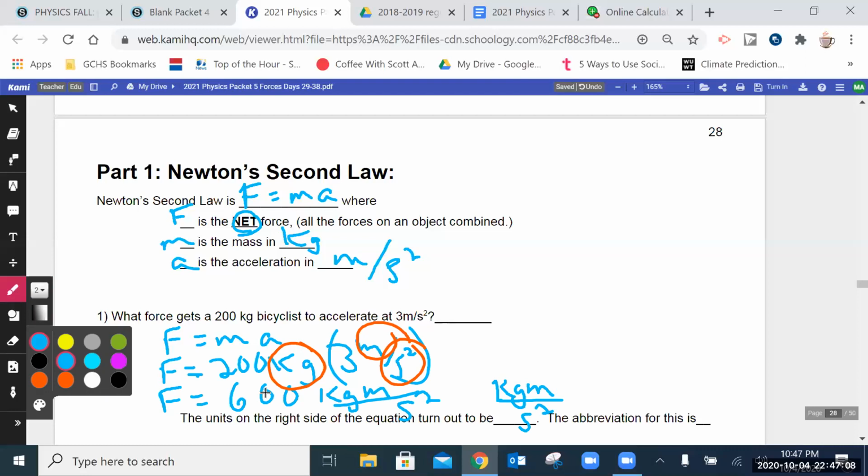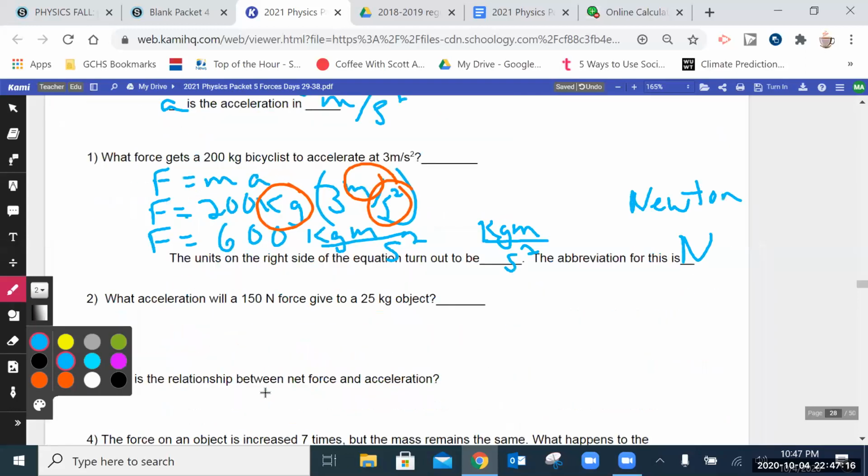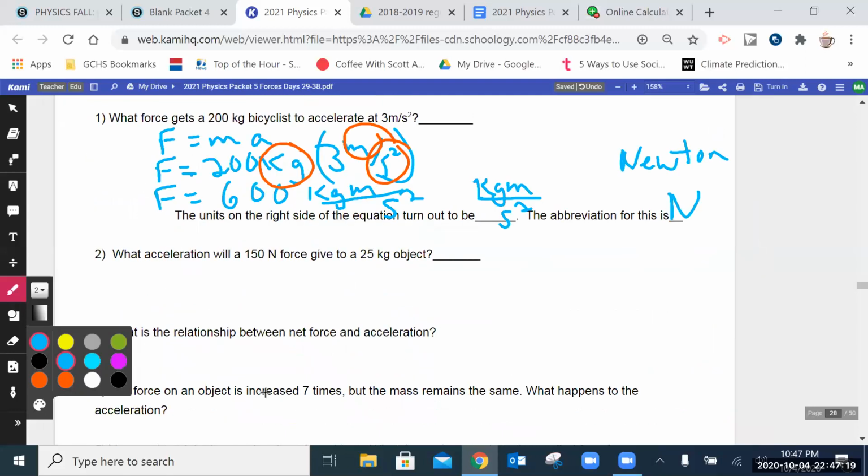So scientists have abbreviated that, and they call it the Newton, which is abbreviated as capital N, honoring Mr. Isaac Newton, who came up with the idea of this equation at least.